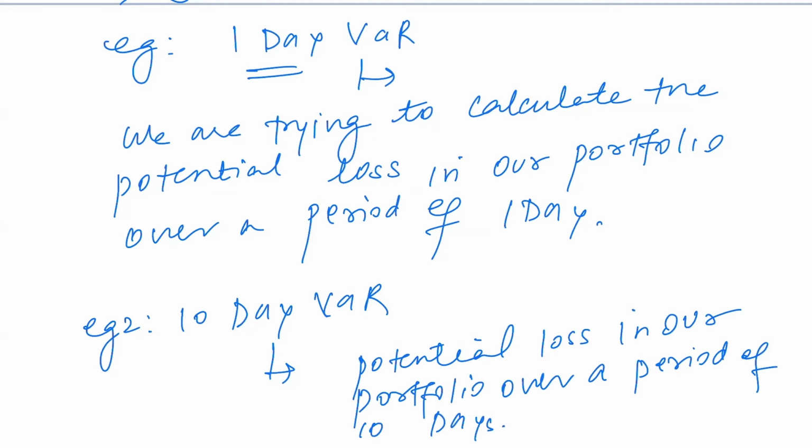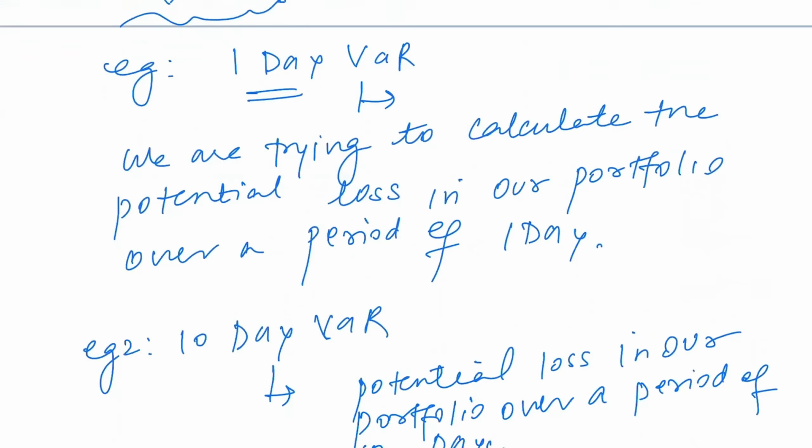Okay. So let's move on to the second element. I hope you understand the first element, which is the time period. Let's take the second element, which is the confidence interval.